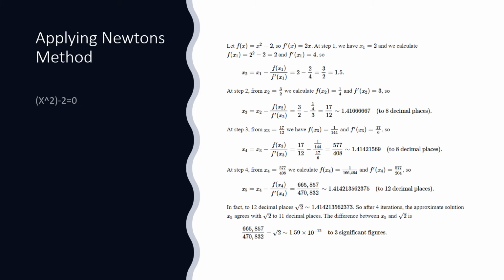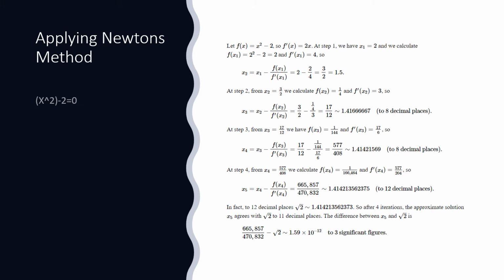And in fact, if we put 12 decimal places for the square root of 2, which is roughly about 1.41, after 4 iterations, the approximate solution x5 agrees with the square root of 2. That applies to 11 decimal places.